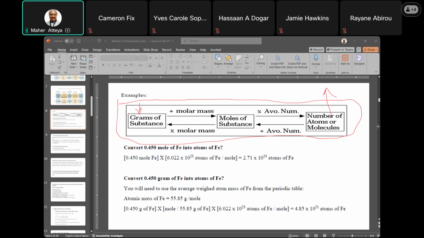The first thing is to divide by the molar mass, and then you multiply by Avogadro's number. Now, if you go the opposite way, from ions or atoms, you divide by Avogadro's number, correct? And then you multiply the opposite way, by the molar mass of that element or the compound. Okay, guys. Here, just to give you an example.